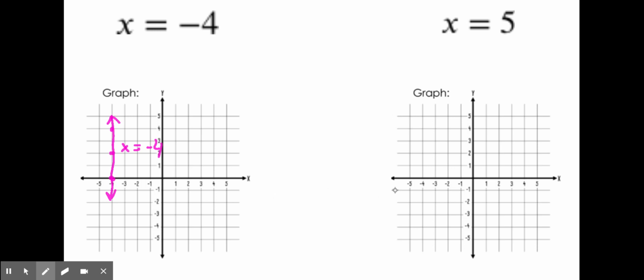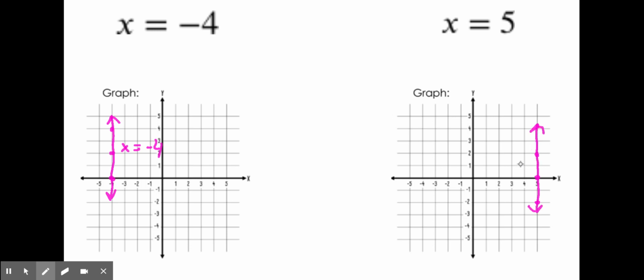Okay. All right. What about x equals 5? This is telling me that x is always equal to 5. So I find 5 on the x-axis. I do a couple of points where x is 5. This would be 5, 0, 5, 2, and 5, -2. And I draw what should be a vertical line.